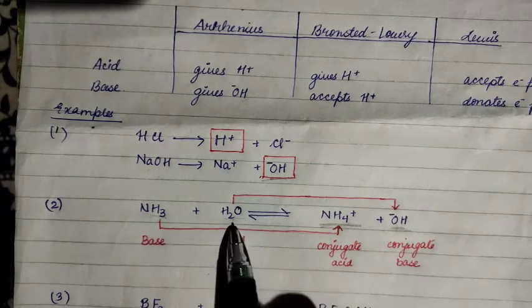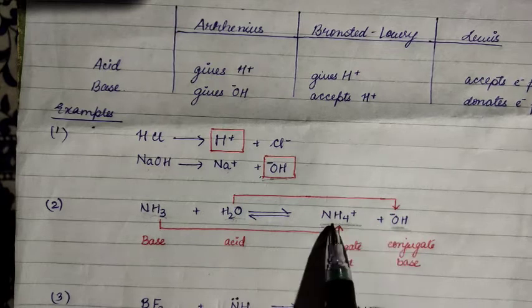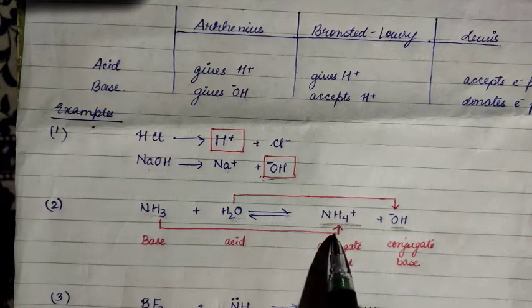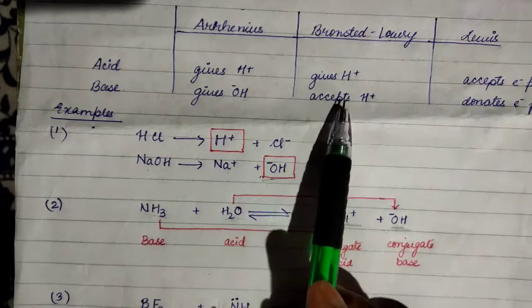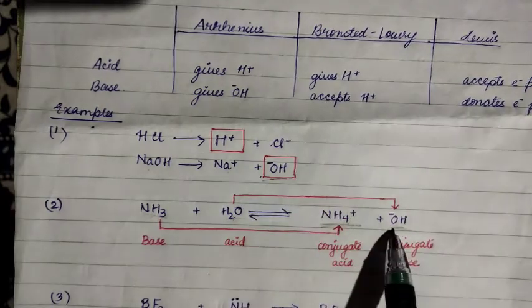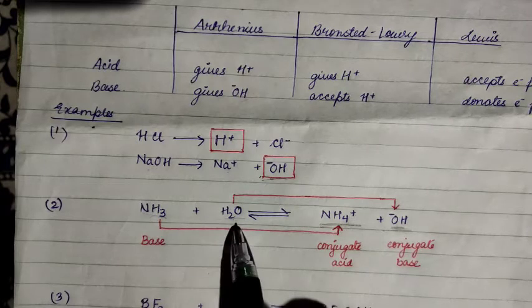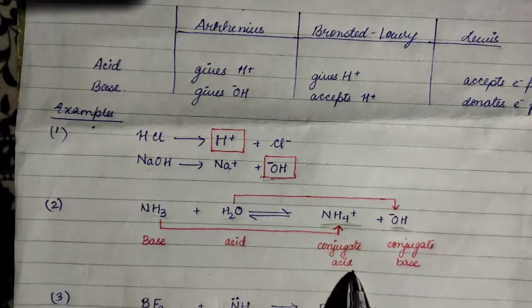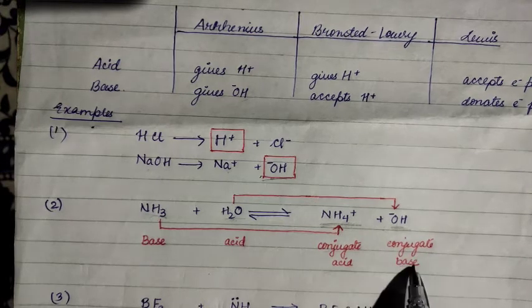So this is the product. In this direction, NH4 is releasing the hydrogen, so it becomes the acid, and OH becomes the base because it is accepting the hydrogen ion. So this is known as the conjugate acid and this is the conjugate base.